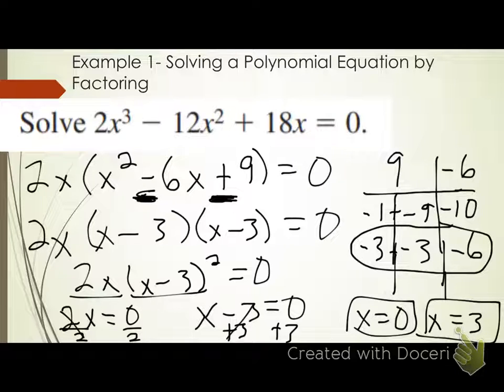Since this is x minus 3 squared, we would say that 3 has a multiplicity of 2 because it's listed twice. You don't have to say that as part of your answer. Just know that that's what that means. Okay? So my two solutions here are x equals 0 and x equals 3. Any questions with that so far? Everyone good with x equals 0, x equals 3? Can I go ahead and move on?